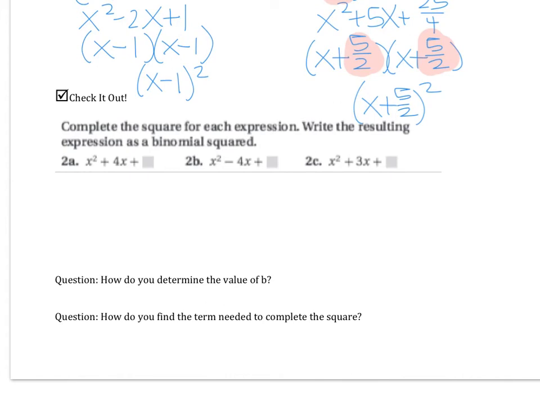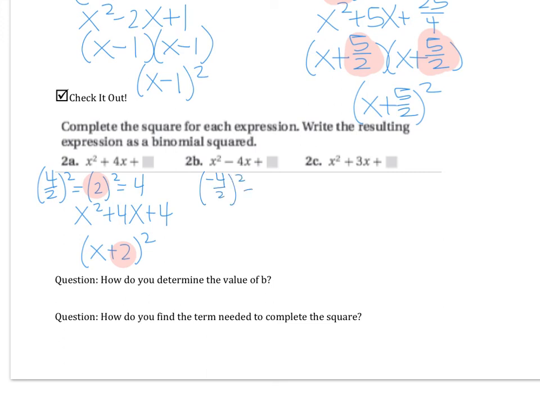Finding the third term and then writing it in a binomial squared. Hope you're seeing the pattern that is going on.